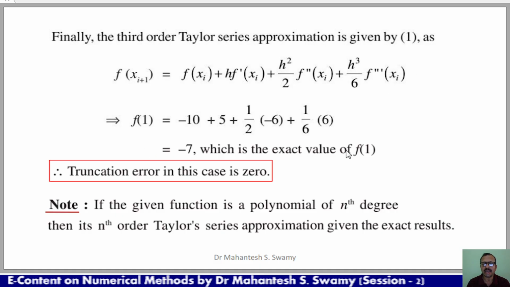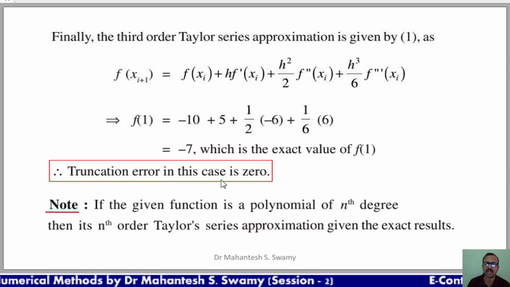So the error involved in this approximation, that is third order approximation, is 0, because the value computed by using the Taylor series expansion as well as the value computed by the function are both the same. It is minus 7, the earlier also minus 7. So there is no truncation error involved at all in the calculation of this particular third order Taylor series approximation of a function.